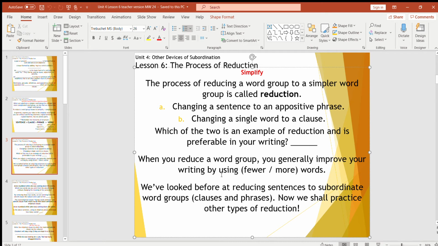So whenever you reduce a word group, you generally improve your writing by using fewer words. Why is that important? Well, say when you're trying to get into college and your applications only allow you 200 words to tell us why you should get money for going to this school, right? 200 words isn't a lot of space to talk about why you deserve all of the money for the scholarships to get into this prestigious college or whatever.